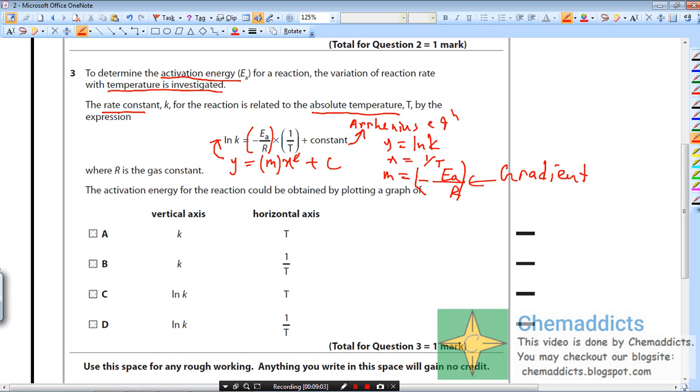If we plot something else, then the graph wouldn't be a straight line. So we have introduced ln on both sides in the Arrhenius equation to make it a straight line.